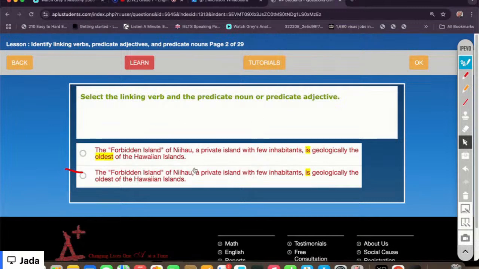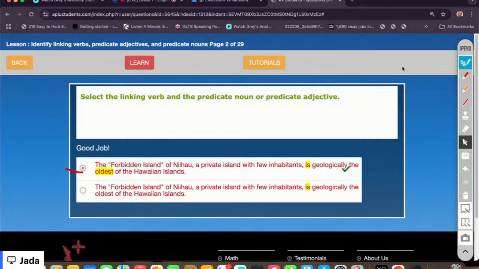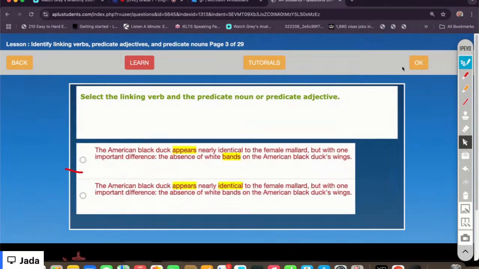So, what do you think is the right one now? You have to select the predicate now as you select the linking verb. Okay?